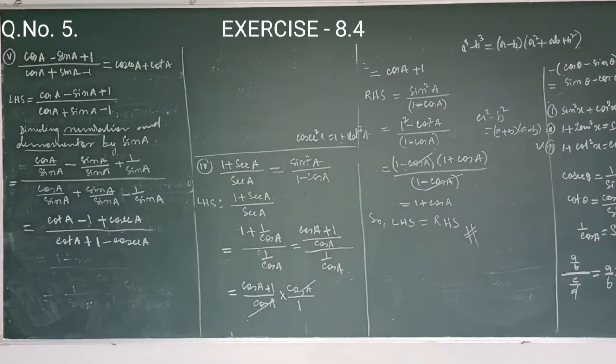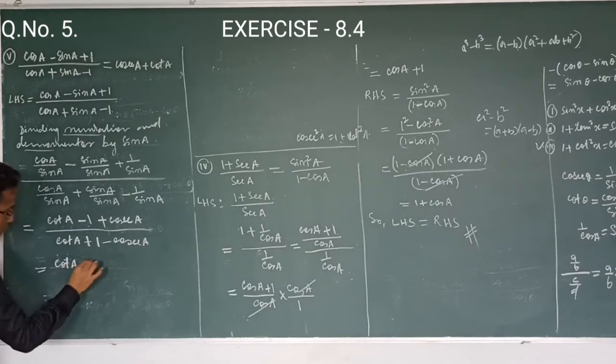So what did we do? We divided by sin in the numerator and denominator, then we get like this. Then we know that cos by sin is cot, and this is 1, sin cancels, this is cos, correct.